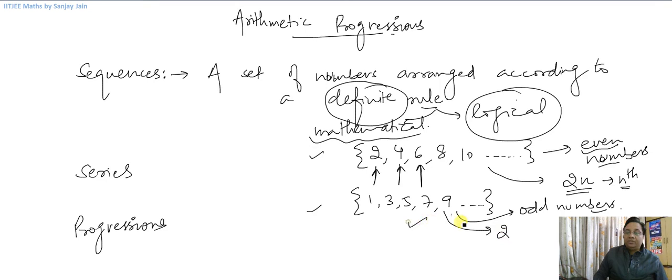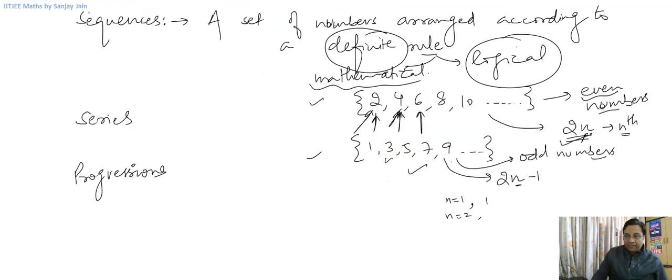Nth term of this particular sequence is 2n minus 1. Right? If I replace n with 1, I'll get my first term, which is 1. If I replace n with 2, I'll get my second term, which is 3. Similarly, in case of 2n, if I replace n with 1, I'll get 2. N with 2, I'll get 4. Right? This is the meaning of nth term.